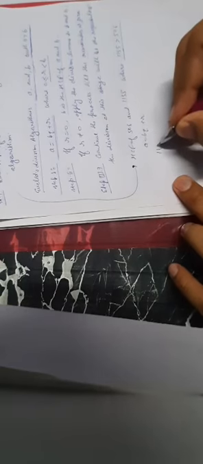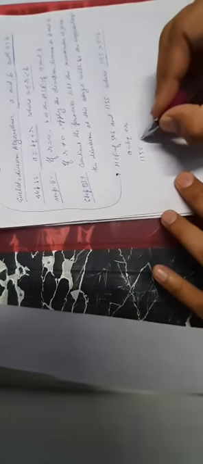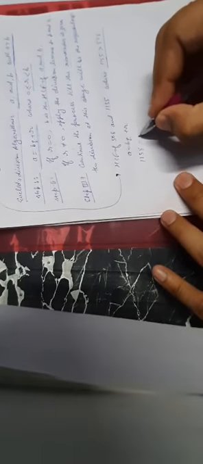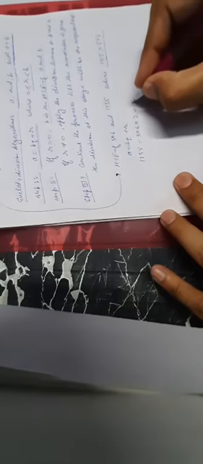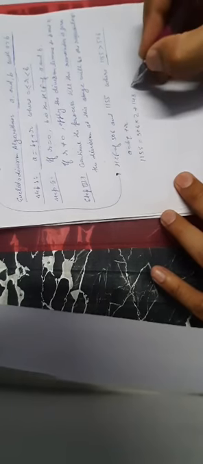Then 1155 is equal to 506 multiply 2 plus 143, where r is greater than or equal to 0 and smaller than b. In this step we see that r is not equal to 0.